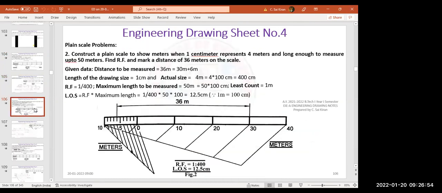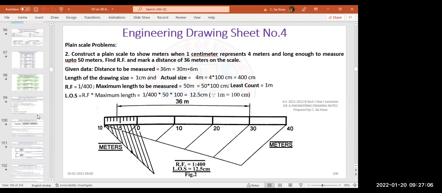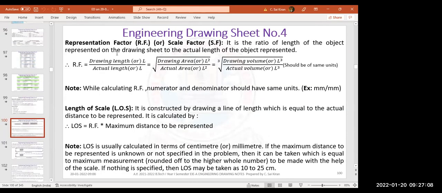And coming to the next problem, in this problem they didn't give the RF value, and you have to calculate the RF value. How to calculate the RF value was already given in the previous slides. RF value equals drawing length by actual length of the object.